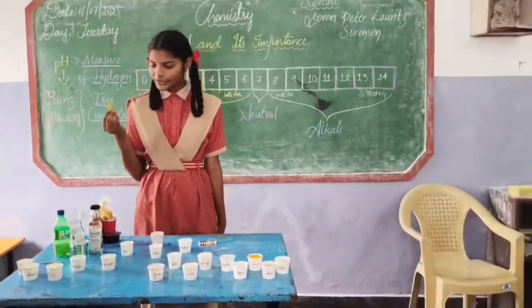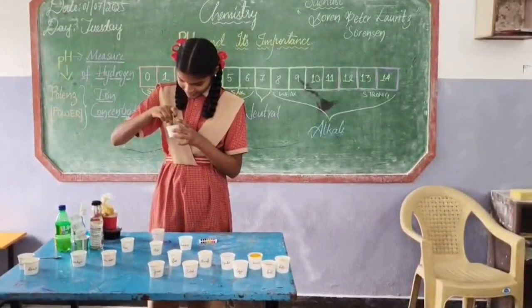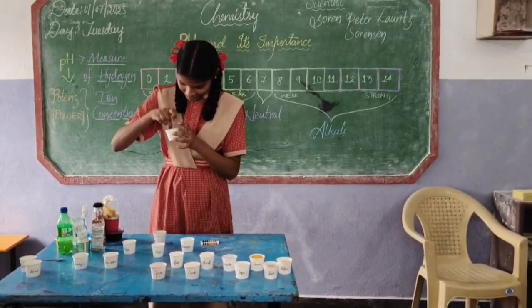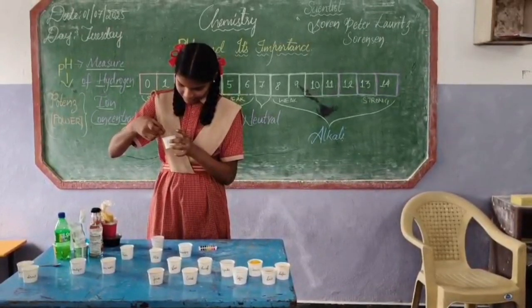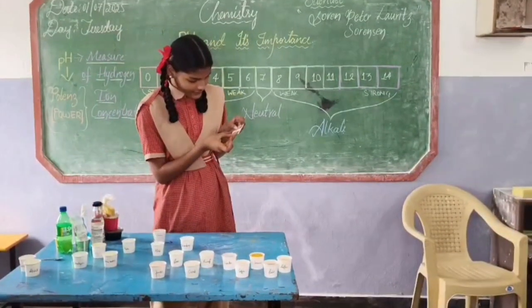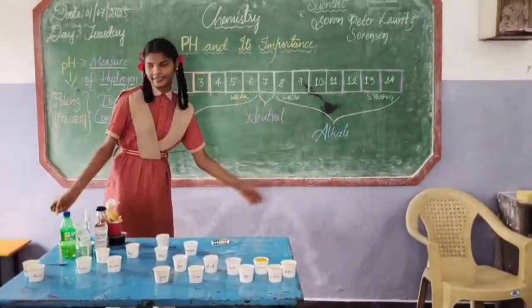Now I am going to dip this pH paper in blue. It is number 6. Number 6 means it is a weak acid.